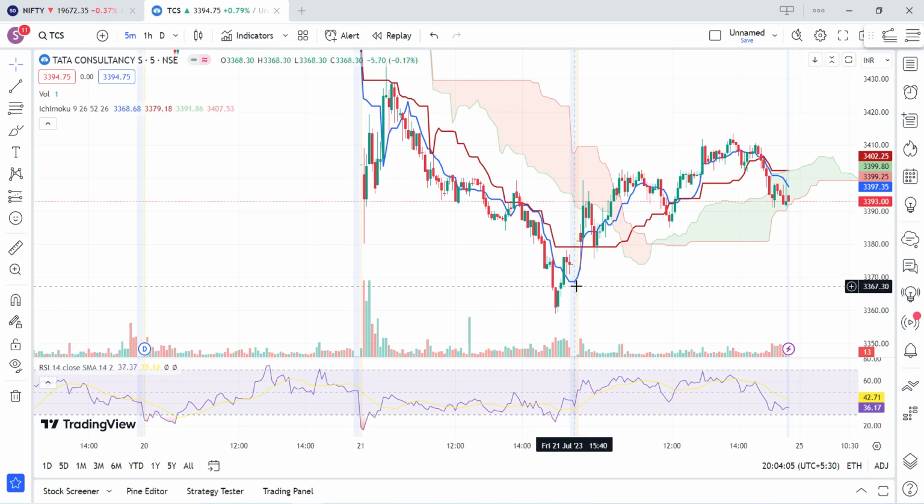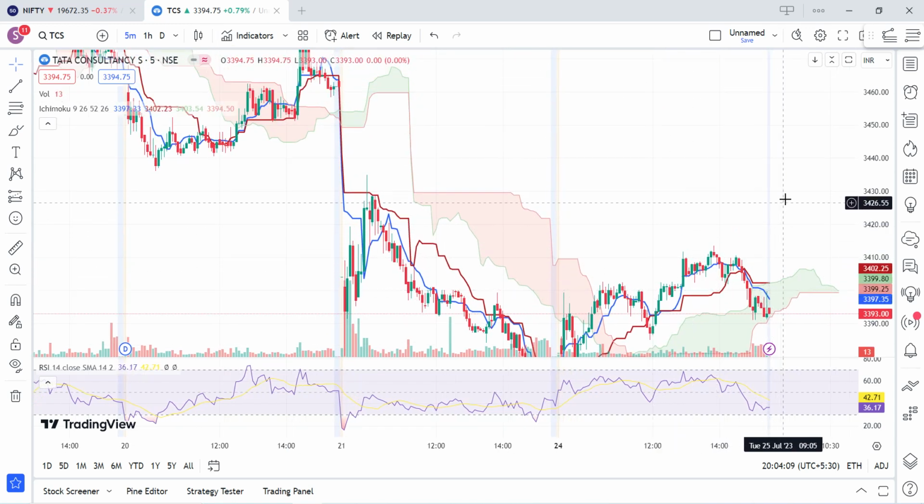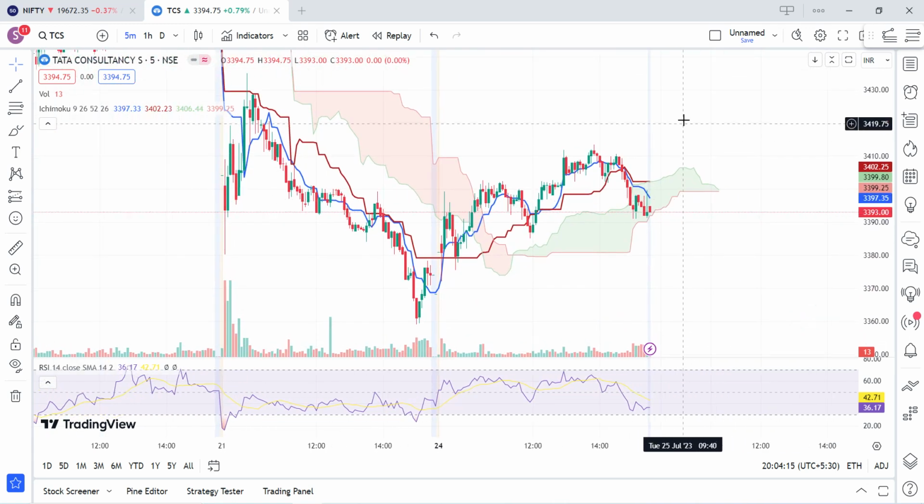Even tomorrow, if TCS goes up to a one-time high up to here, again it gives a signal for downside. TCS has a chance of one more fall. So let's see what will happen.